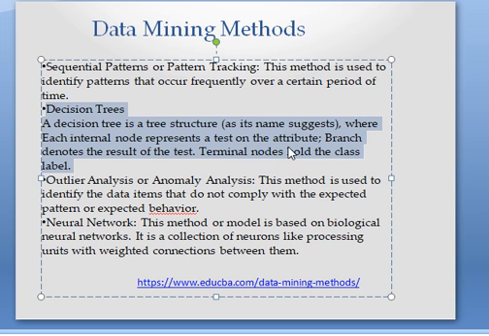Each node denotes a test on an attribute. A branch denotes the result of a test. A terminal node holds a class label. So if we go through that decision tree, we can find different situations where they lead to different results.